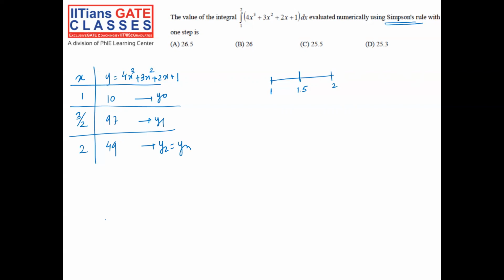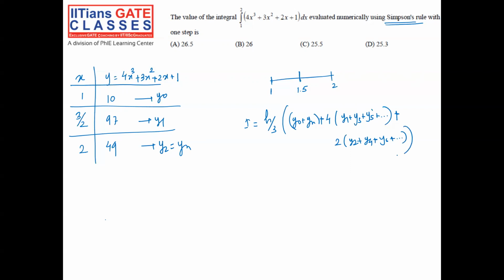Whenever we are solving a question on Simpson's 1/3 rule, the formula is I equals h by 3 times [y0 plus yn plus 4 times (y1 plus y3 plus y5 and so on) plus 2 times (y2 plus y4 plus y6 and so on)].